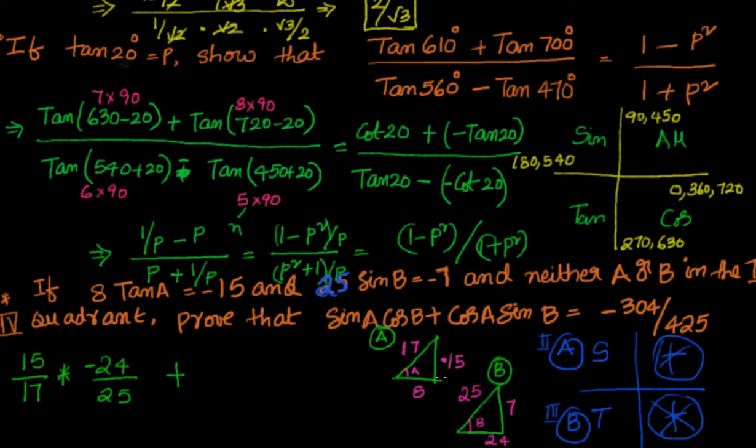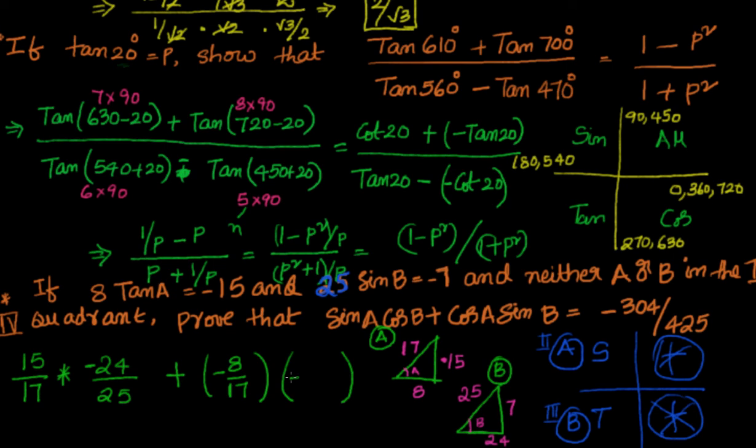plus cos of A. Cos of A is 8 by 17 and A is in second quadrant. That means this becomes negative. So minus of 8 by 17 into sin B. Sin of B is 7 by 25. B is in third quadrant. In third quadrant sin, cos are negative.